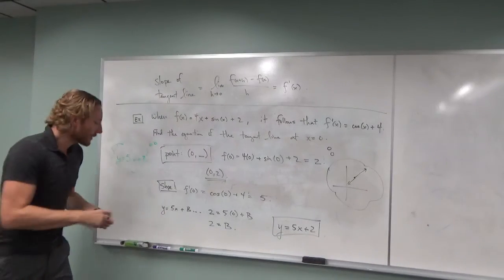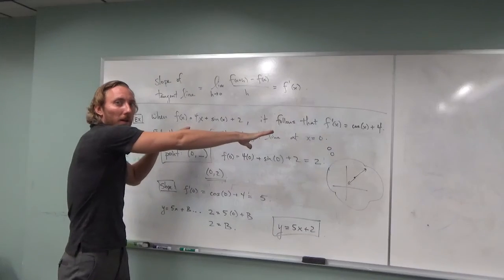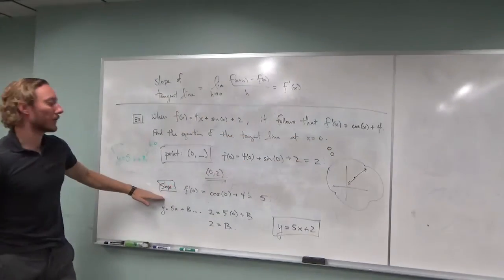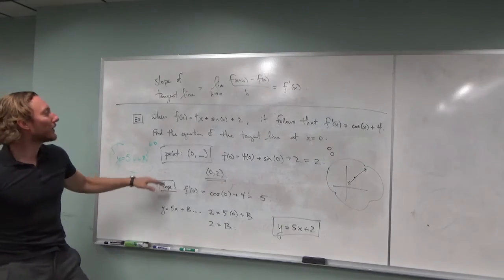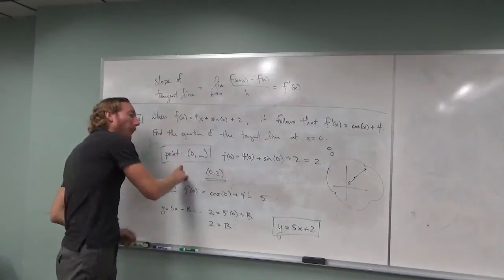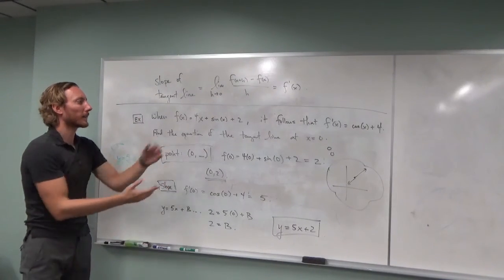And the long story short is this. If you know your derivative, you have a way to find the slope of your tangent line. And if you have your original function, you have the ability to find the point of interest, because you would need the y-coordinate corresponding to the x.